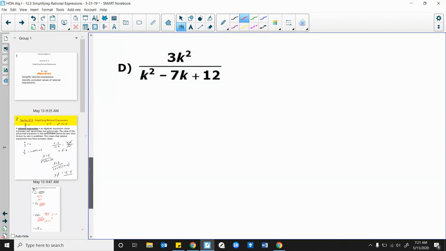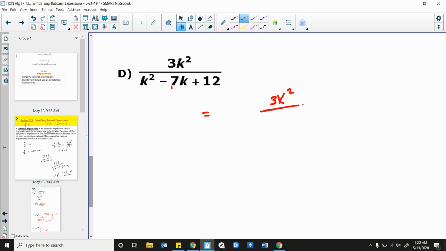Okay. 3k squared over x squared minus 7x plus 12. Again, we're just finding the excluded values. So from here, we're going to have 3k squared on the top. What multiplies to get me 12 that adds to get me negative 7?